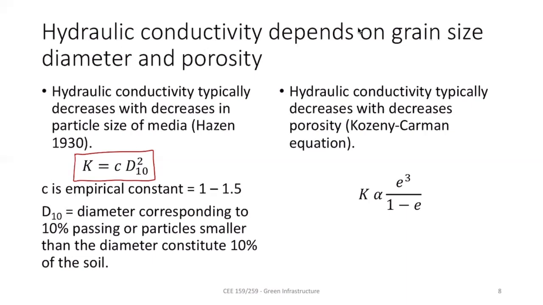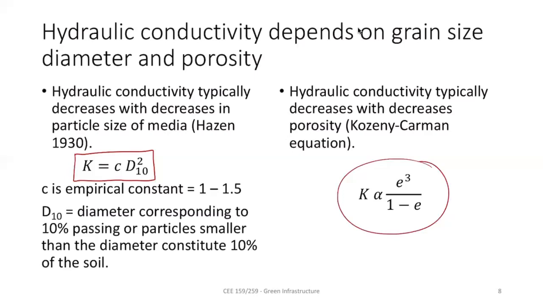The second half, on the right side of the equation, relates hydraulic conductivity with porosity. So e is porosity. Typically, hydraulic conductivity decreases if you decrease porosity because you have less pore space. That means it will also have higher resistance for water to move.